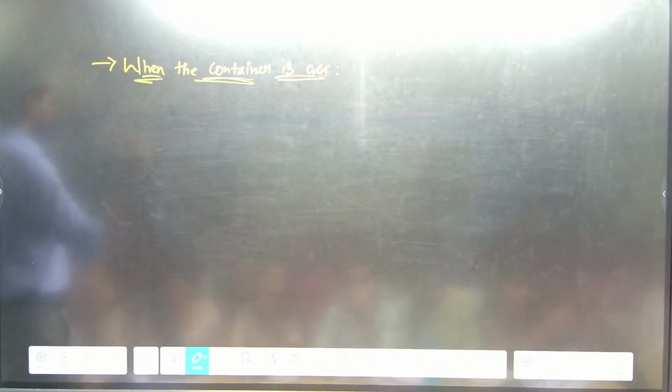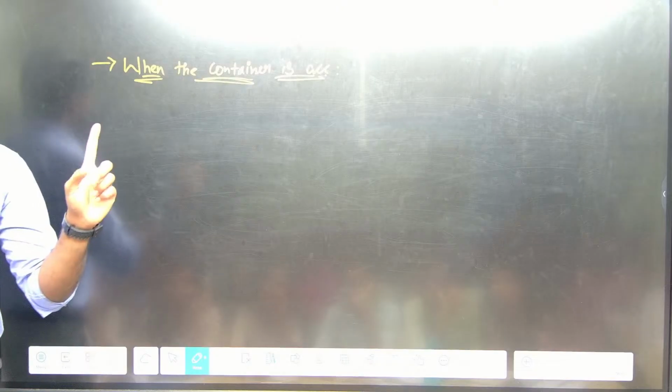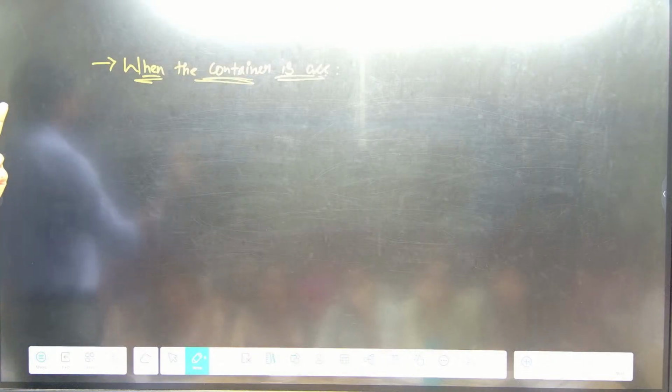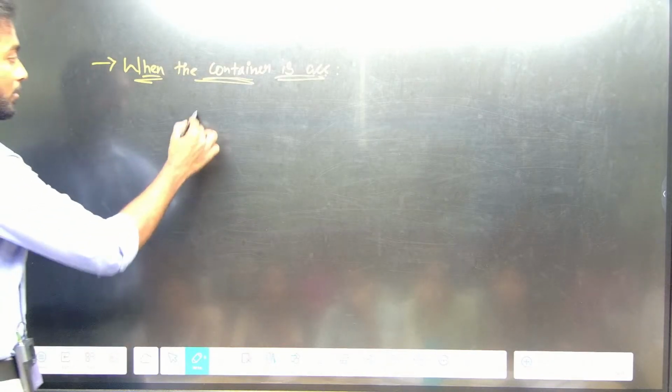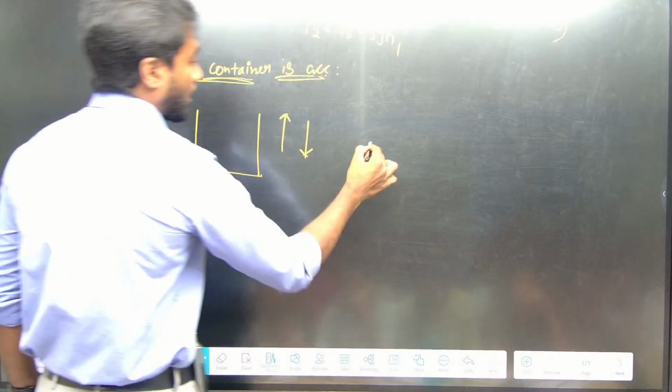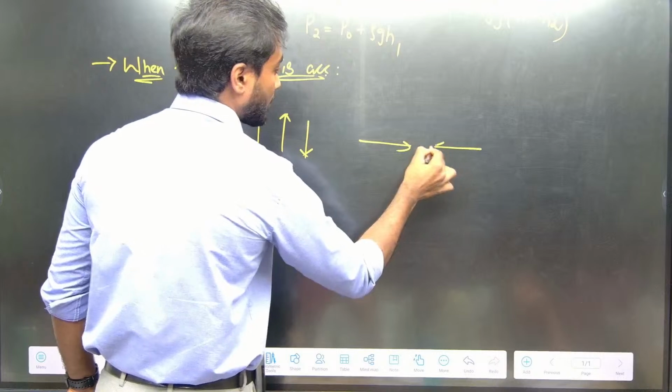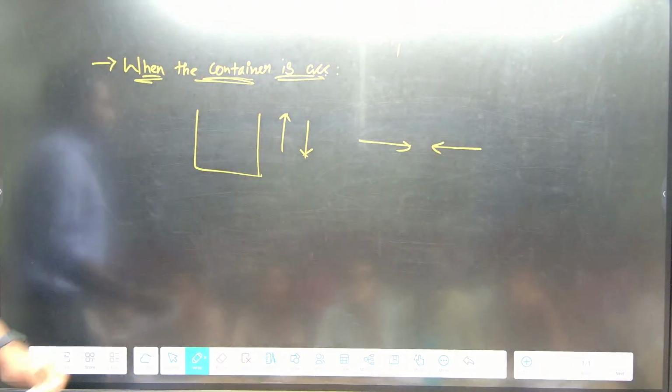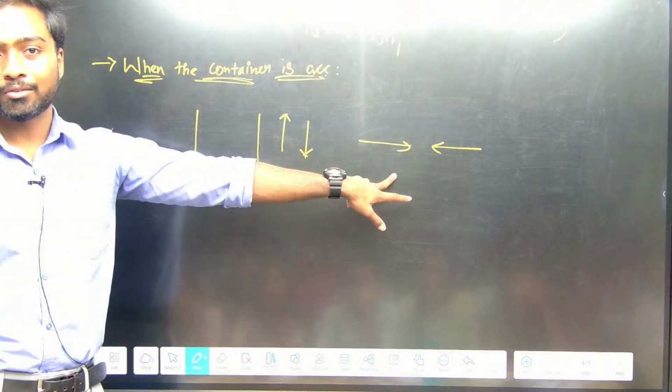The first one is vertically upward or downward and one is in horizontal direction. So vertical direction, horizontal direction. So only two directions we will be talking about. Either it can move up or it can move down, or it can move right or left.